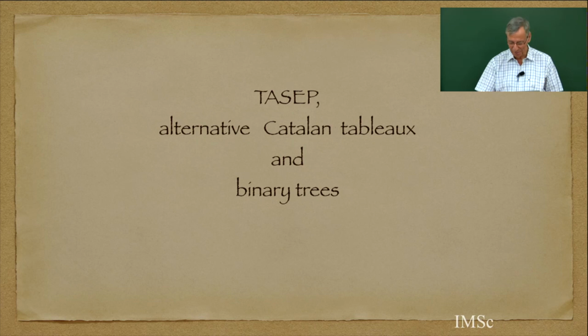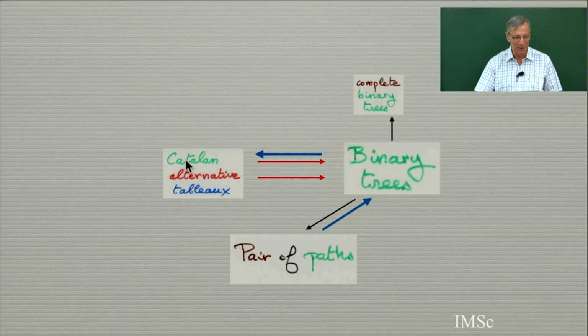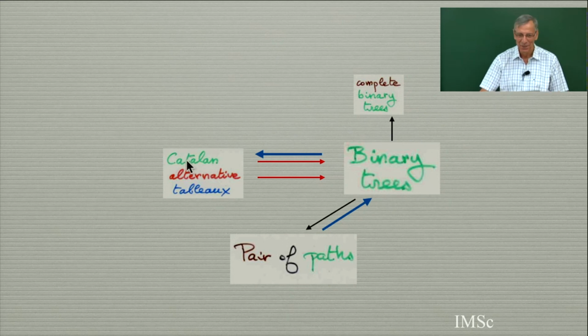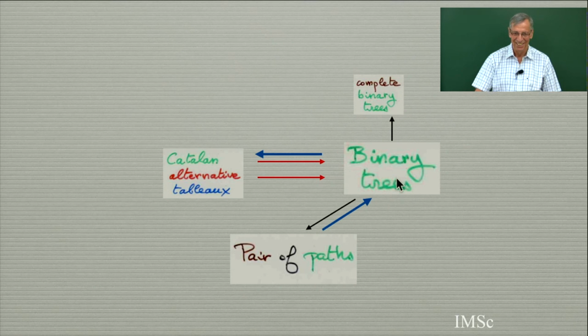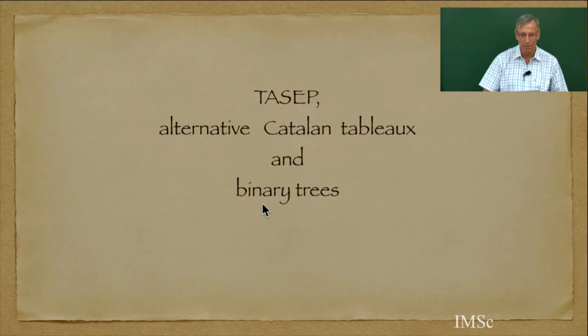But before showing the second bijection, between pairs of paths and Catalan alternative tableaux, which is going to give a complete commutative diagram, here we have shown, since the beginning of this lecture, the bijection and the reverse bijection. Here I have given a second type of bijection. So before going here and getting a complete commutative triangle, let's go back to the TASEP.